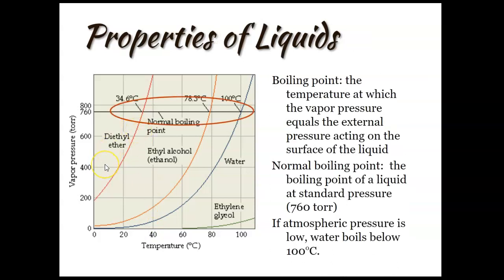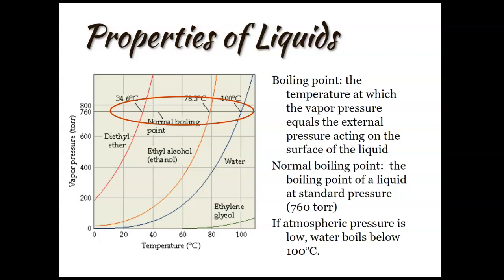All right, so boiling point. This comes into effect. What is boiling point? This is the temperature at which vapor pressure equals the external pressure acting on the surface of the liquid. We have a thing called normal boiling point. This is the boiling point of a liquid at standard pressure.